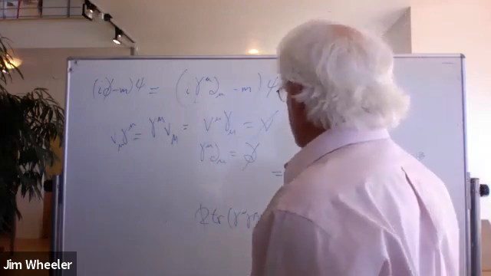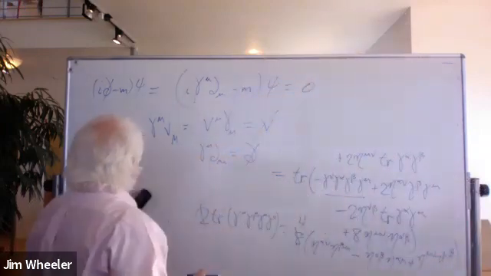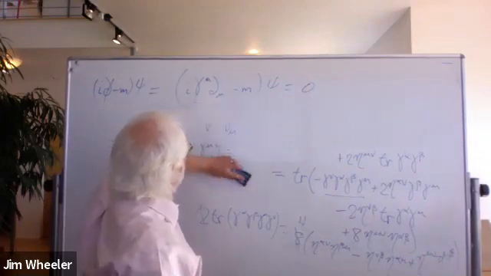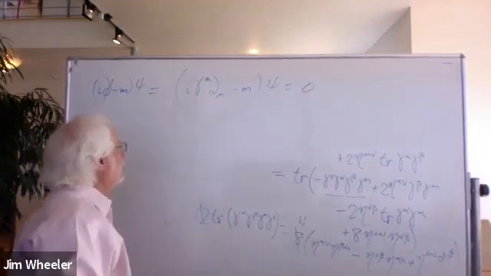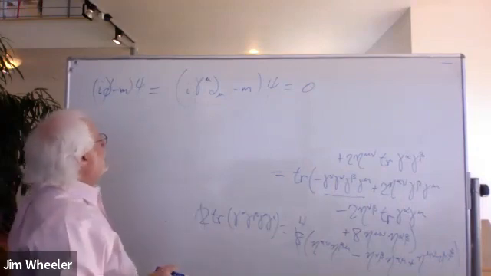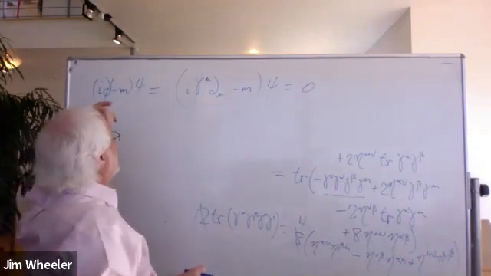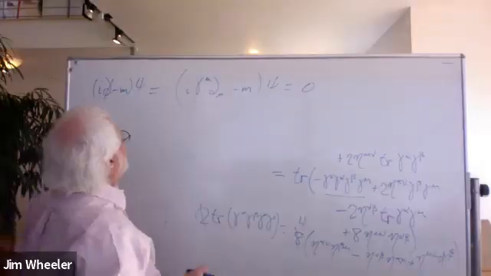Then an action for the Dirac equation and the conjugate of the Dirac equation. If I take a, Hey Professor, sorry, I do have a quick question. Uh-huh. We got this starting from the Klein-Gordon equation. So we went from a second order equation and then used our symmetry to reduce it to a first order one, right? Yeah.